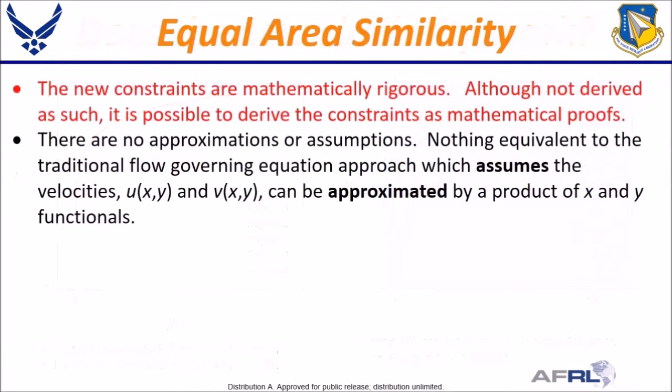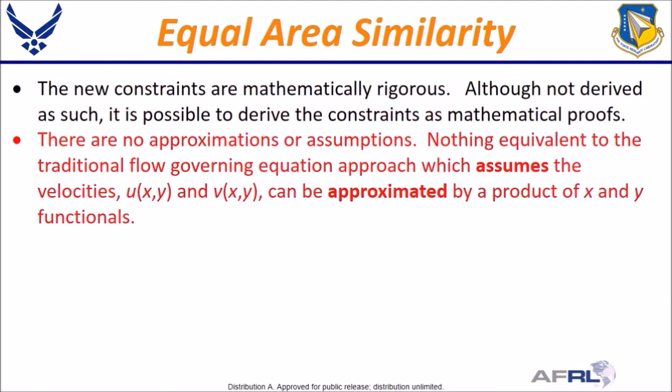A couple of important observations. We already discussed that this result applies to any flow situation that displays similar behavior. Also note that the new constraints are mathematically rigorous. Although not derived as such, it is possible to derive the constraints as mathematical proofs.